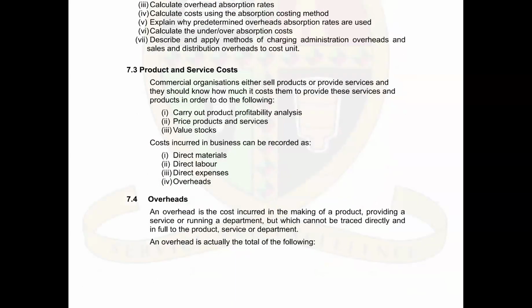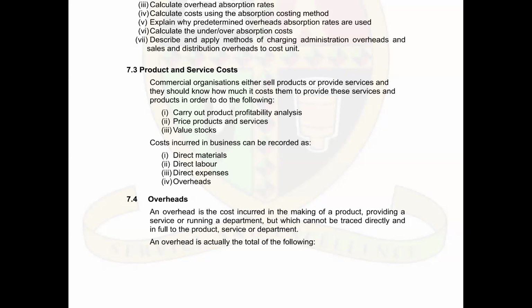Now, your question is, what do you mean by overheads? Overheads basically refers to the cost that is incurred in making a product, any cost that is incurred in providing a service, any cost that is incurred in running a department, but cannot be traced directly and in full to the product, to the service, or to the department.